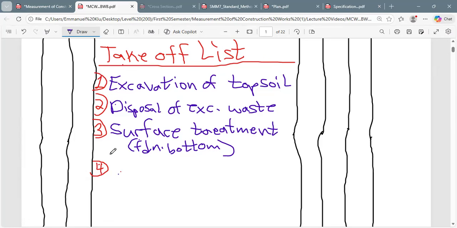After that, we are going to do disposal of surface water.